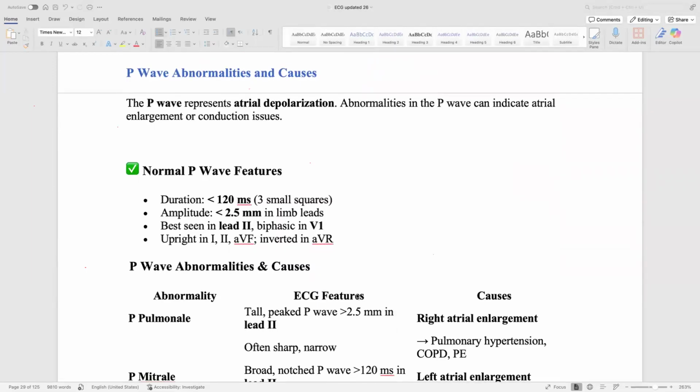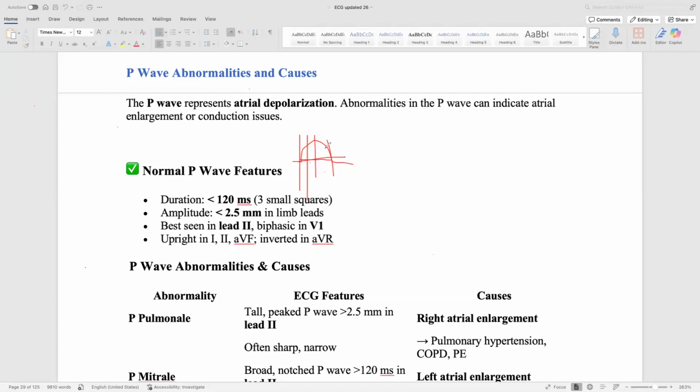Now, we said the normal P wave should be 3 small squares in length.